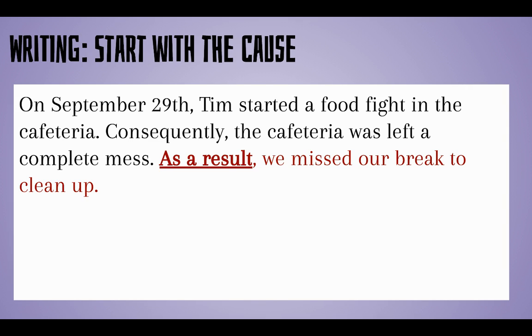Notice I'm choosing another one of my effect transition words to start my third sentence, and this gives me, on September 29th, Tim started a food fight in the cafeteria. Consequently, the cafeteria was left a complete mess. As a result, we missed our break to clean up. So I have two sentences that start with two different effect transition words.